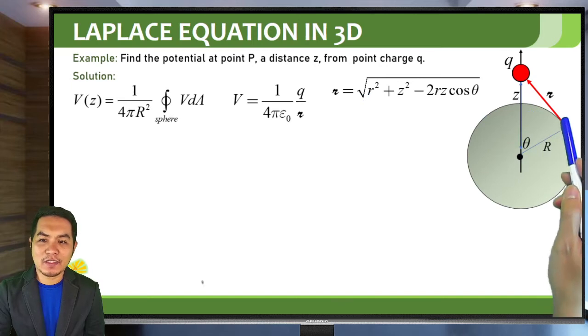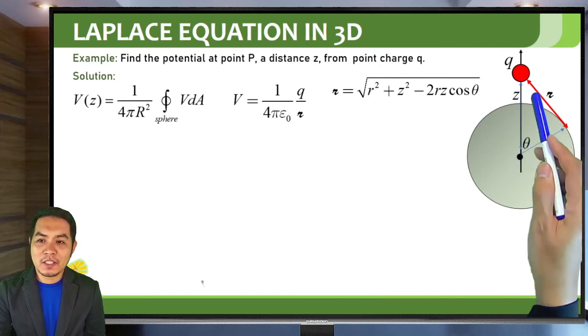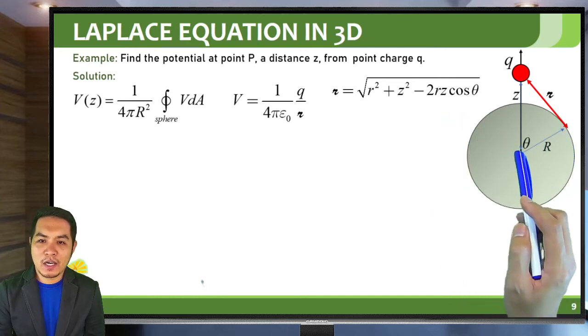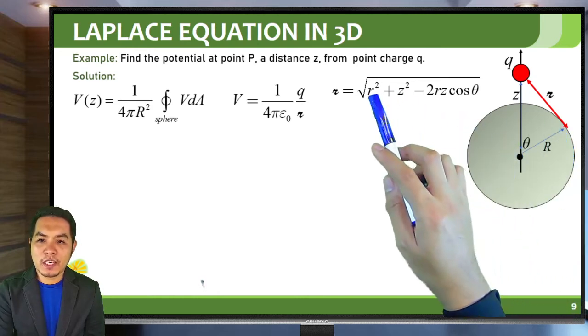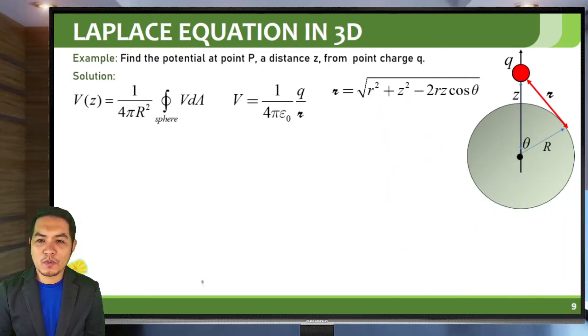This is not a right triangle. This is angle theta. So therefore, this side of the triangle, the curly r, the separation distance, is just equal to the square root of, this should be capital R, no? r squared plus z squared minus 2rz cosine theta.